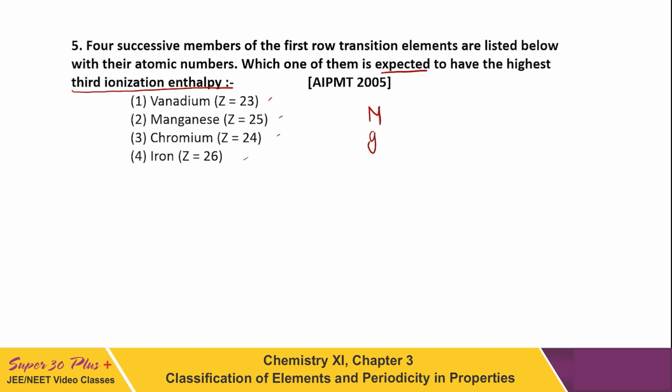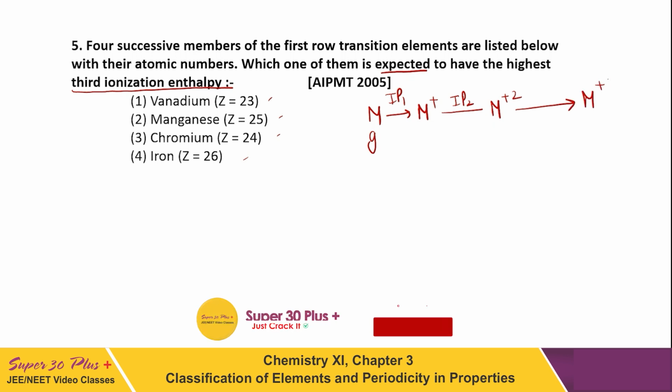If you have any gaseous atom and you remove 1 electron, forming M+, this is IP1. If you remove 1 more electron, it is M+2 and it is IP2. If you remove 1 more electron from here and form an M+3 ion, then this energy is called IP3. So in which case is IP3 maximum?